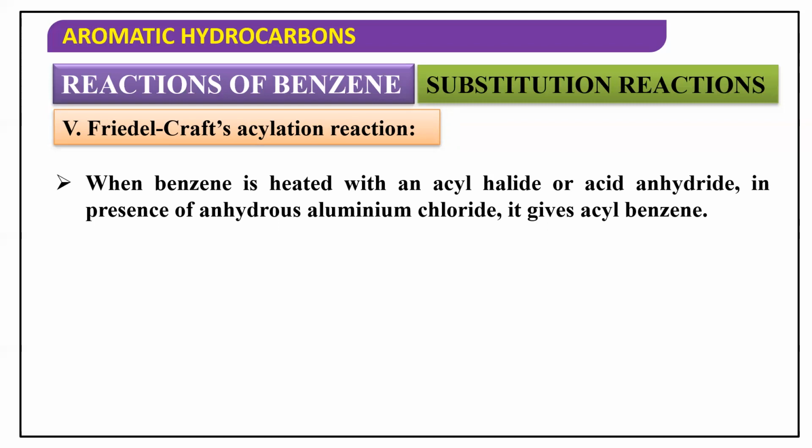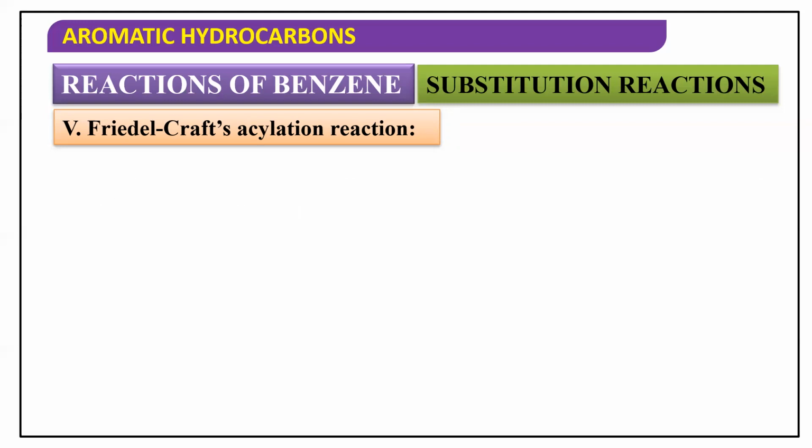When benzene is heated with an acyl halide or acid anhydride in the presence of anhydrous aluminum chloride, it gives acyl benzene. So let's understand what is acyl halide. RCOX is nothing but acyl halide. RX is nothing but alkyl halide.